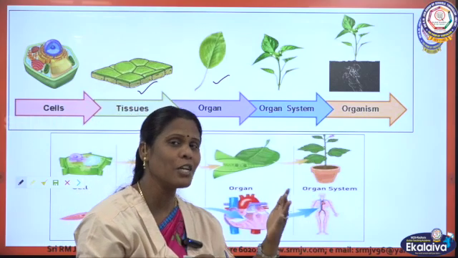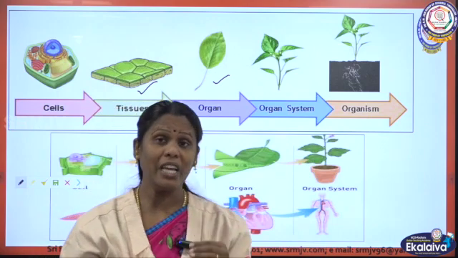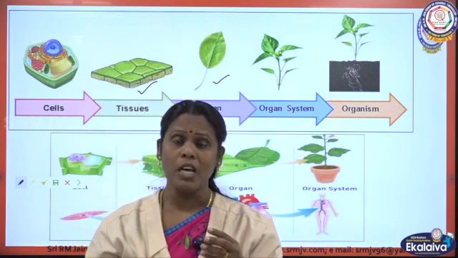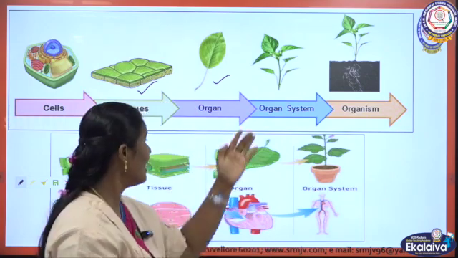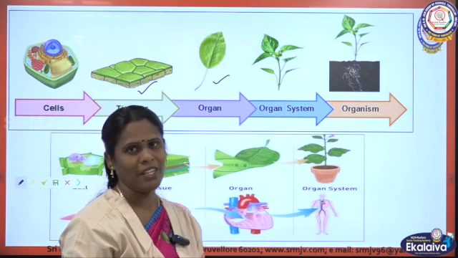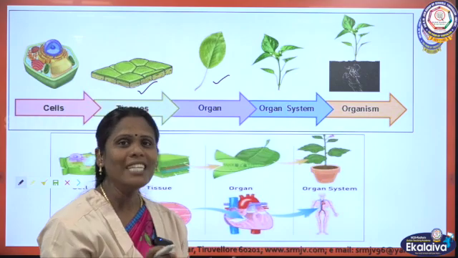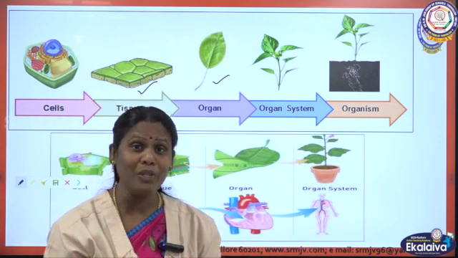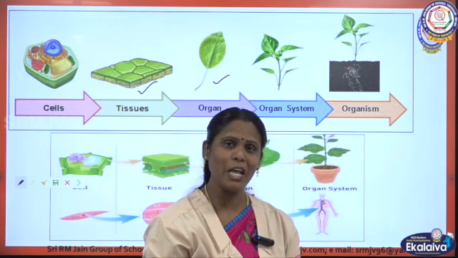That is the root system and shoot system. In human beings, we have the reproductive system and respiratory system. In the same way, the plant also has organ systems, right? Finally, different organ systems combine together to form an organism. That is a plant.